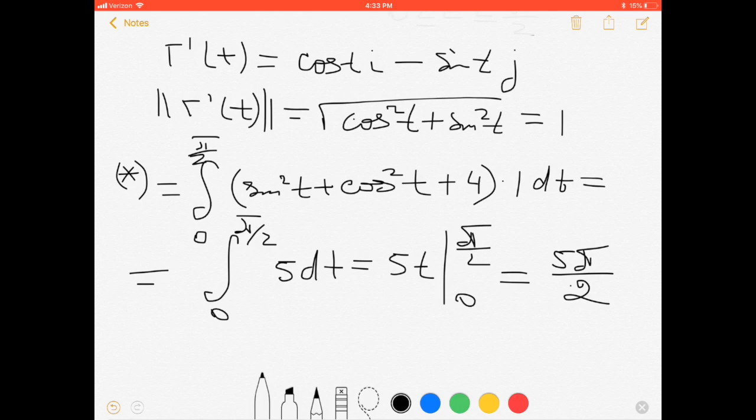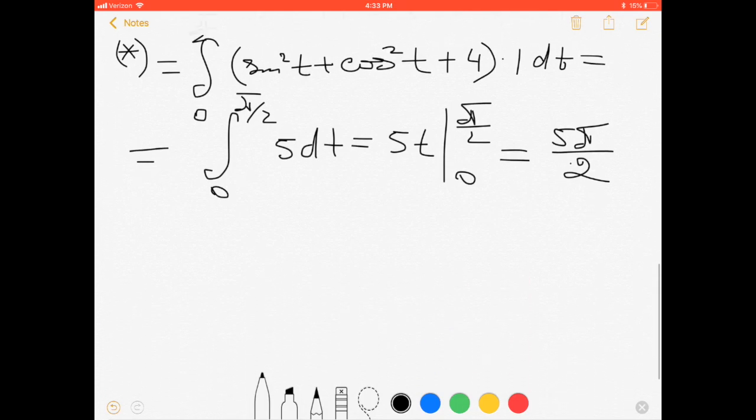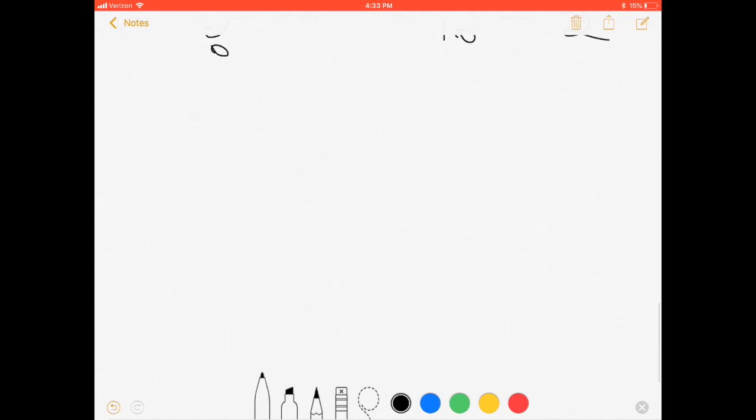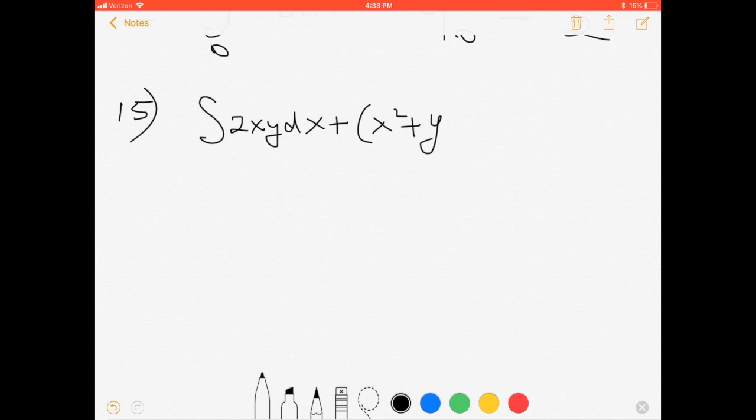One more question about line integrals. Number 15. Evaluate this kind of integral: 2xy dx plus x squared plus y squared dy. This means we work with a vector field.